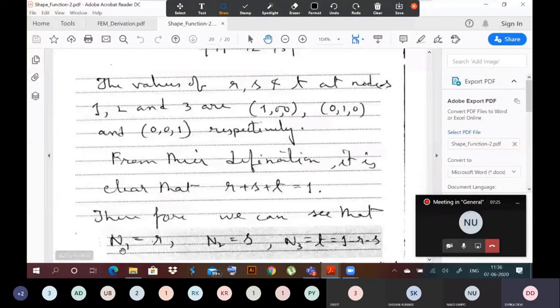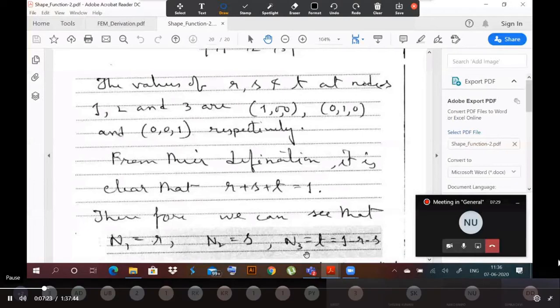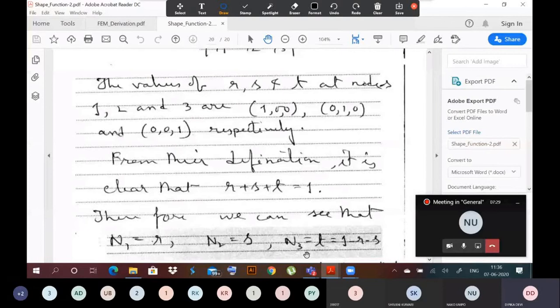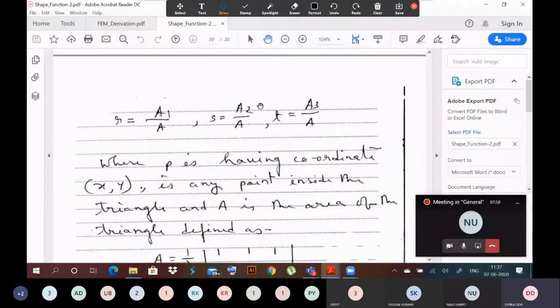R is equal to A1 by A. Shape function for node 2 will be equal to N2, that is equal to S. S is equal to what? A2 by A. And we don't need to find out T, because T we can directly determine from R and S, as R plus S plus T is equal to 1. So T will be equal to 1 minus R minus S. So directly you can get the value of T, you don't have to define T. So that is your value of N3.